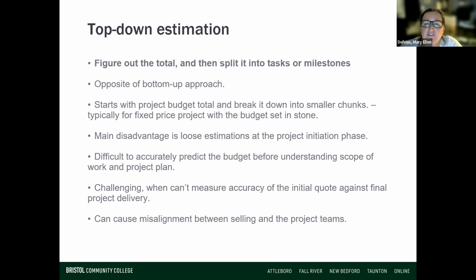The disadvantage here is it's loose estimations, right, from the start, because you already know how much money you have to spend, so you're kind of just saying, well, this is how we're going to break it up. And it really is difficult because in this way, you don't really understand the scope of work and project plan, because you're basically saying, I have X amount of money, kind of now make up the scope and work plan.